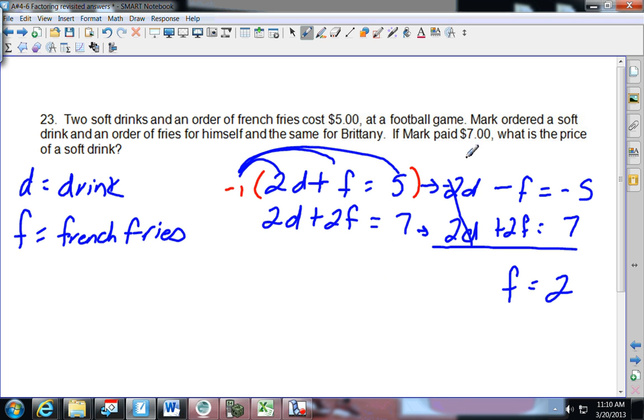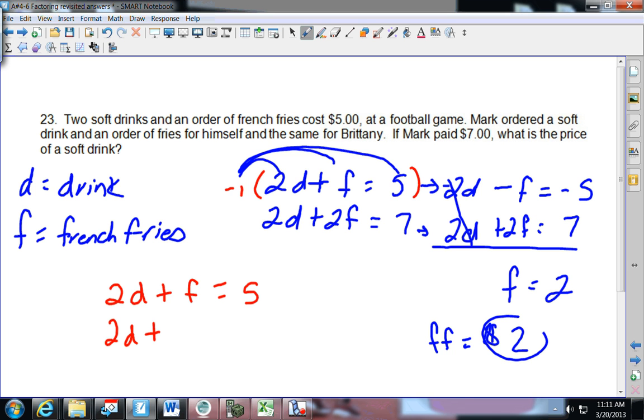Thing is, though, it says, what is the price of the soft drinks? See, the French fries are $2. French fries equal $2. Now we need to figure out the drinks. I'm going to use the equation 2 times a drink plus 1 French fry equals $5. Well, 2 times a drink plus, we just said the French fries were $2.